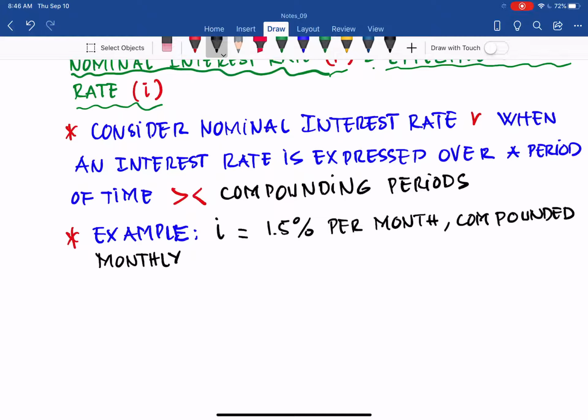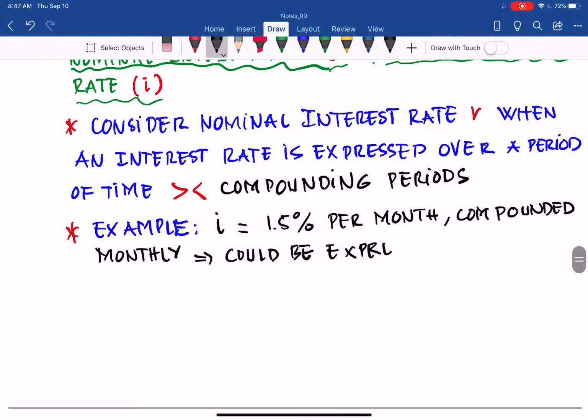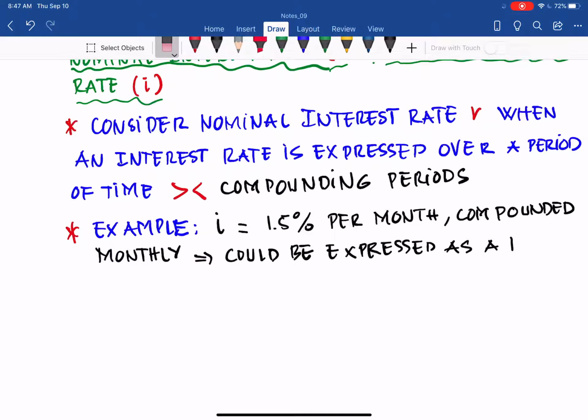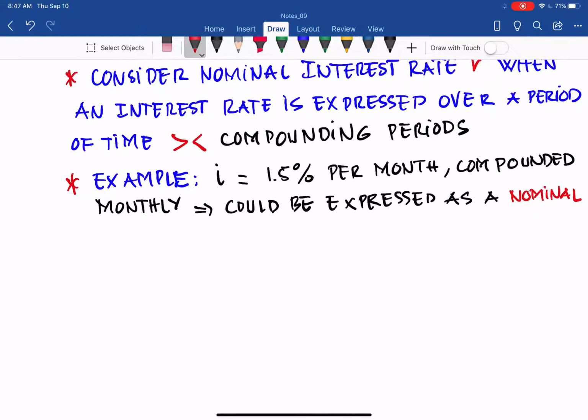So with that 1.5% effective interest per month, I can express it as a nominal rate of 4.5% per quarter.